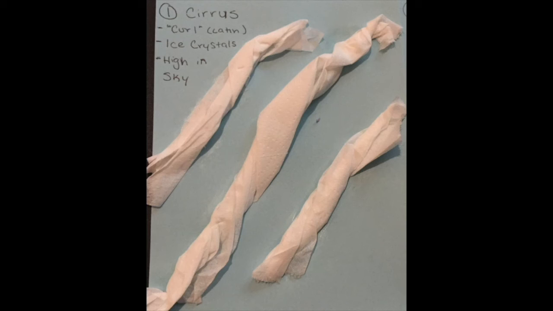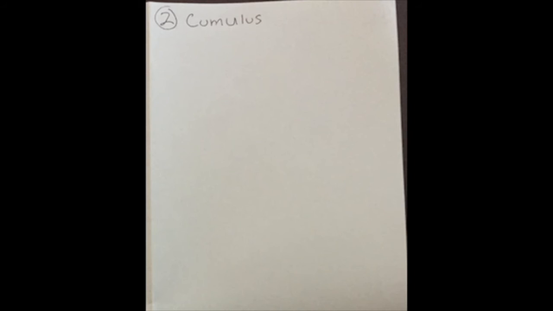Okay. So, the next one we're going to do together is cumulus. Please head over to section 2. In section 2, you're going to write the word cumulus. Cumulus is spelled C-U-M-U-L-U-S.